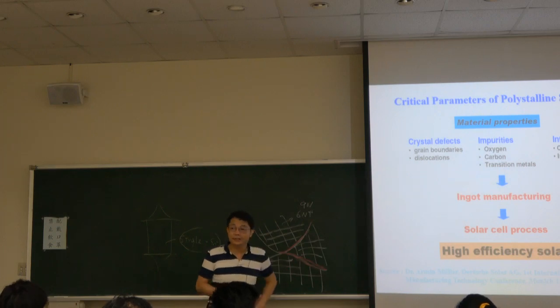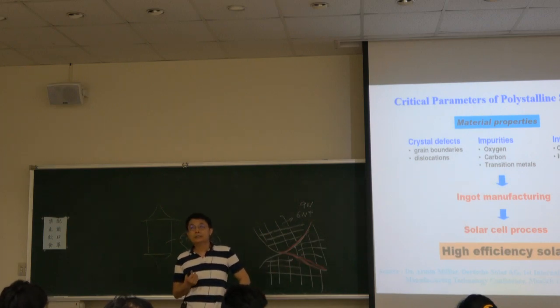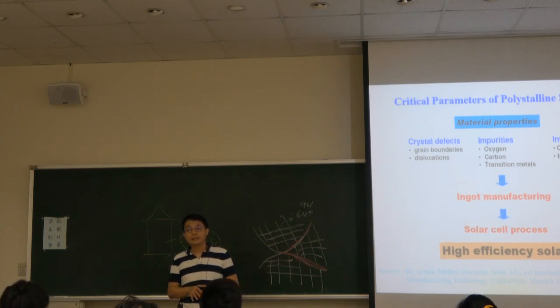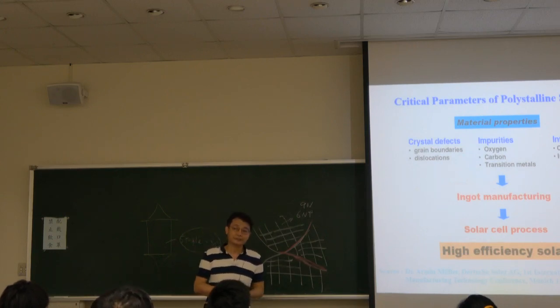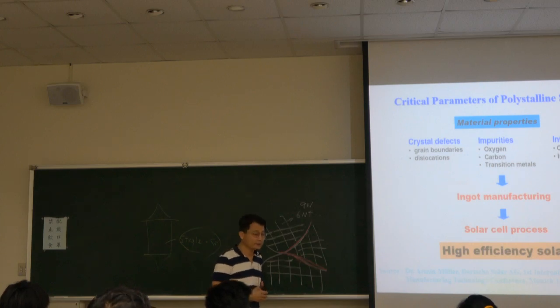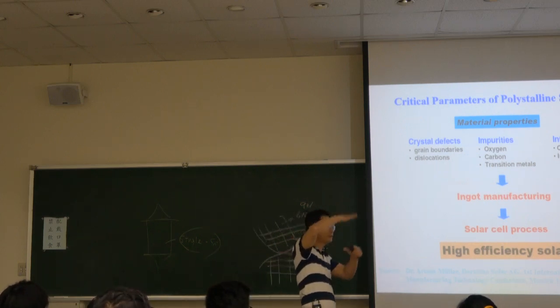So currently, between single crystal and polycrystal silicon, the conversion efficiency difference is approximately 3 to 5%, at most maybe up to 5%.